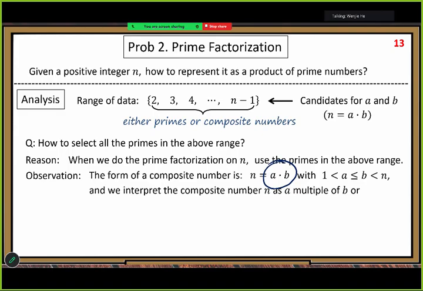This view may not be very natural, sometimes, but we need it. Here we need the special view, B multiple of A.